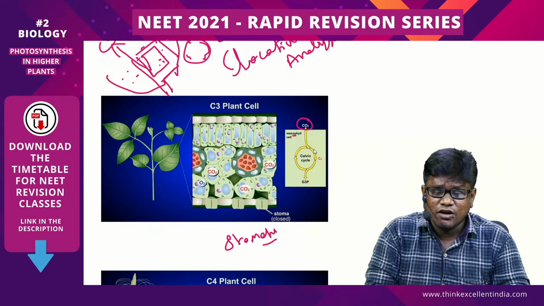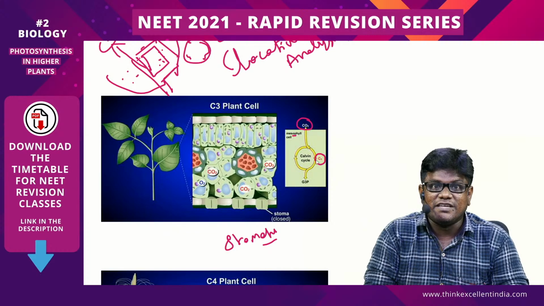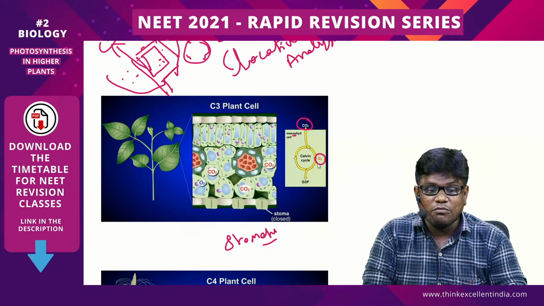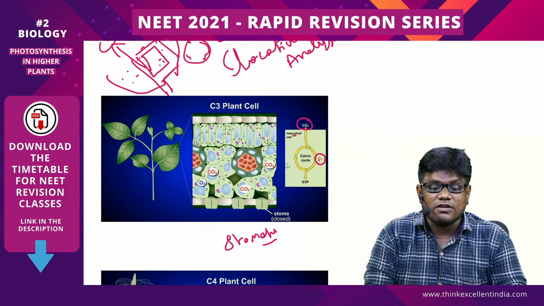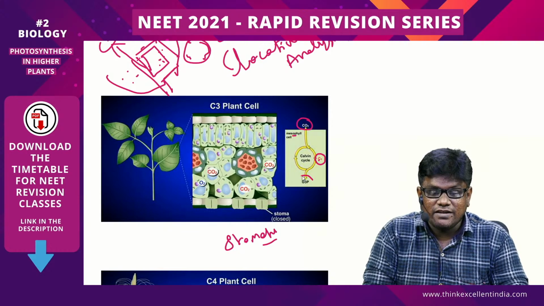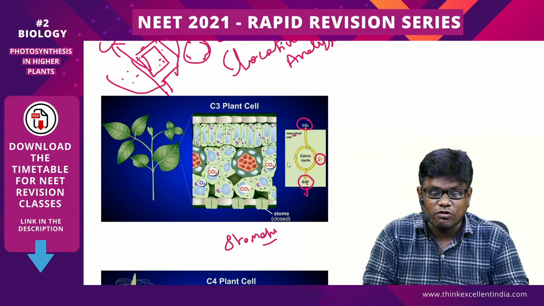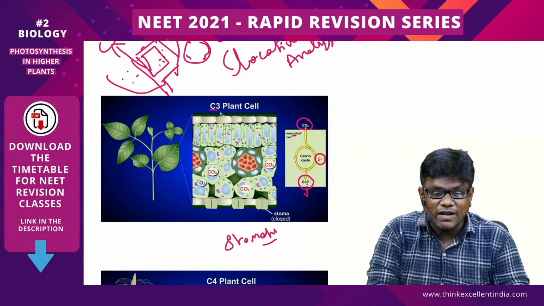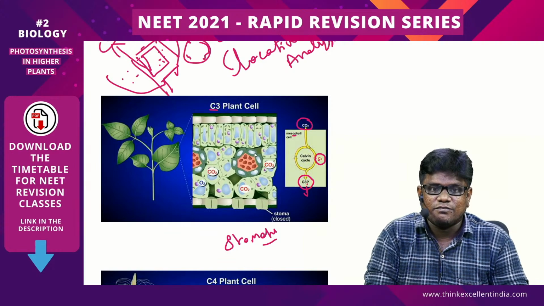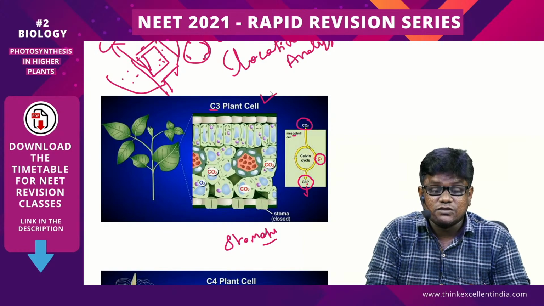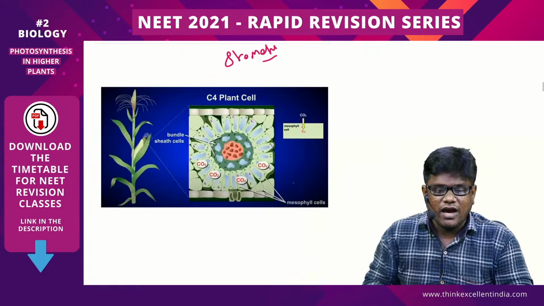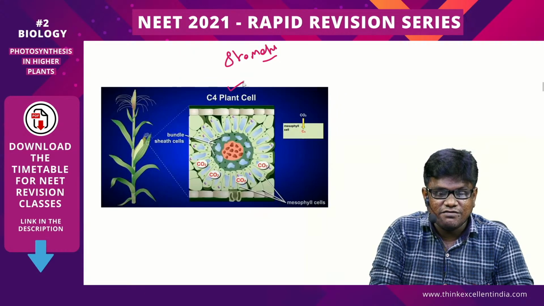That will be followed by the Calvin cycle to produce carbon 3 molecules, and the carbon 3 molecules will be utilized for the plant's physiological processes. And here you can see glyceraldehyde 3 phosphate is a molecule that results from the Calvin cycle. You are already aware of it. C3 plants carry out this type of photosynthetic process, and that is what you have to be very clear about. And here we are going to talk about C4 plants.